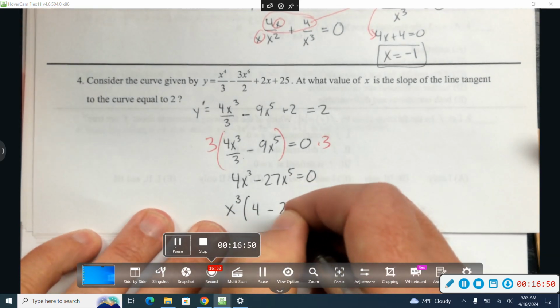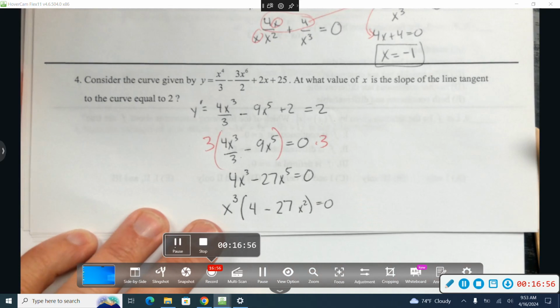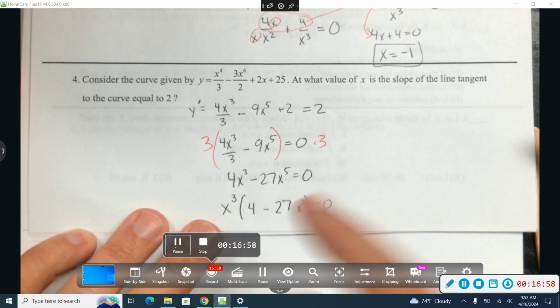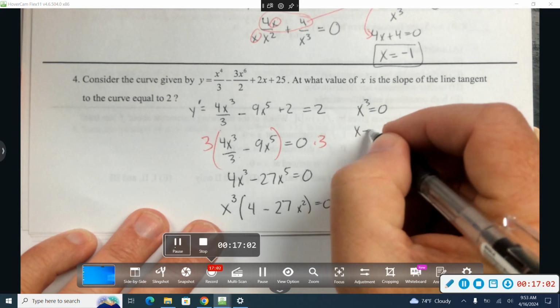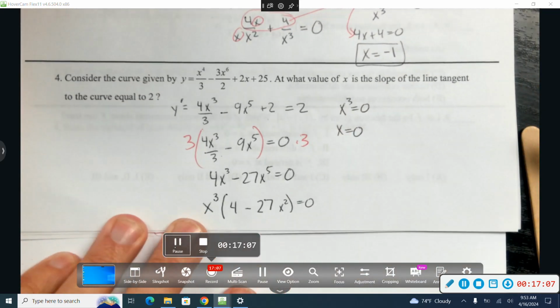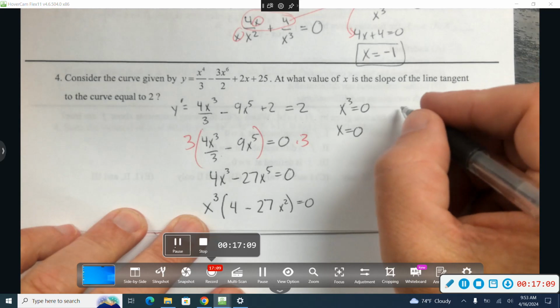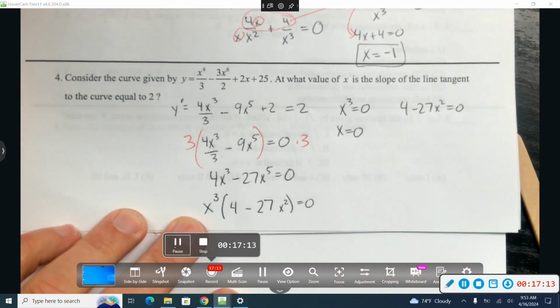4 minus 27x squared. And now I can set each of the pieces equal to 0. So x cubed equals 0, that's easy, x equals 0. So I'm getting more than one answer here. And then 4 minus 27x squared equals 0.